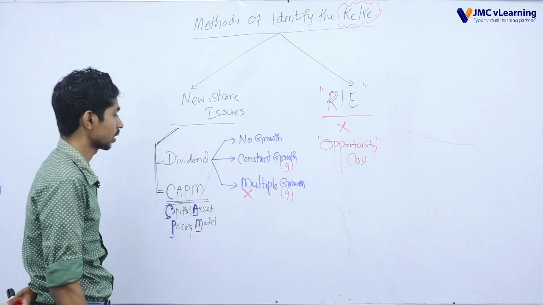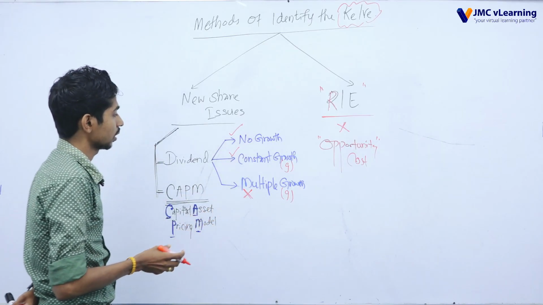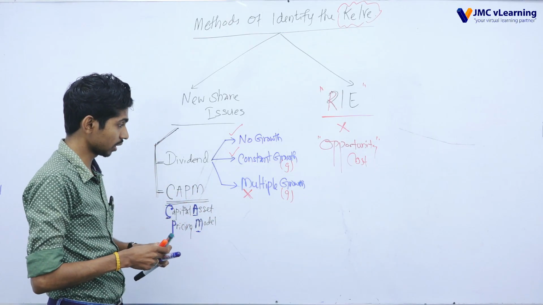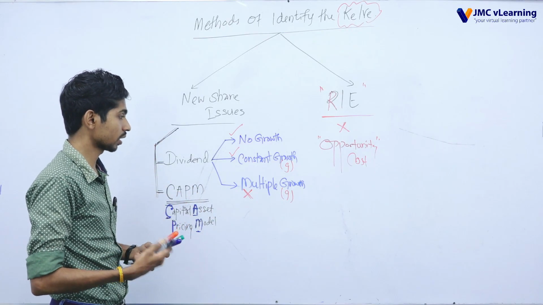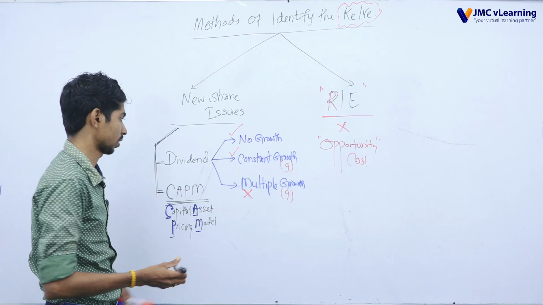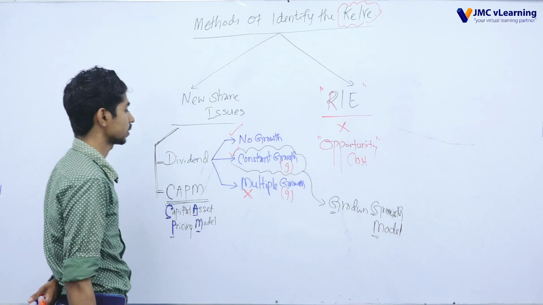It is not covered under our syllabus. Those two will be tested. For constant growth, the growth is normally identified by Gordon, the person. Normally we call it the Gordon growth model.